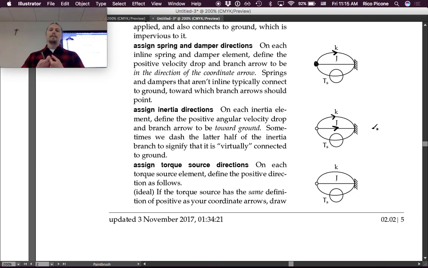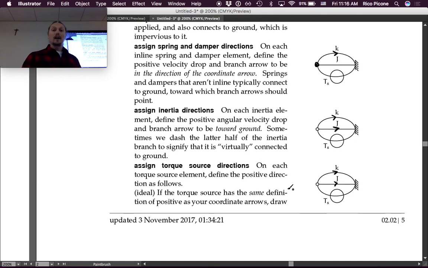All right. Then we assign torque source directions. So we still have our spring and our inertial directions, and then we can use this convention for the torque source. On each torque source element, define the positive direction as follows. In the ideal case, the torque source has the same definition of positive as the coordinate arrow, which is our case, right?